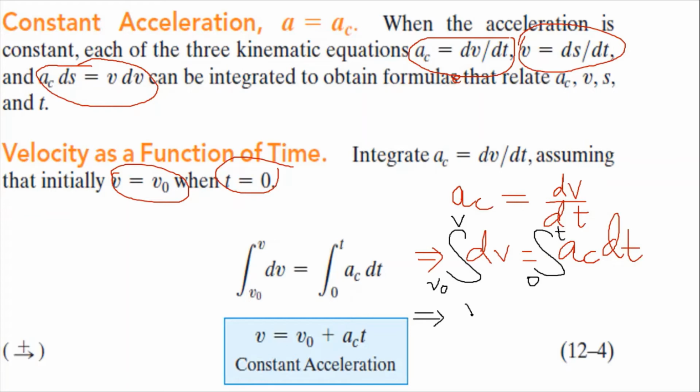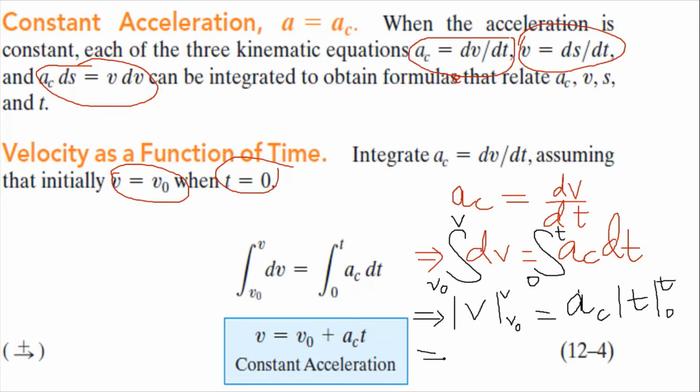When I integrate it, it will become v only, because the power is increased in integration. a comes out as a coefficient, and when we integrate dt it will become 0 to t, initial to final.